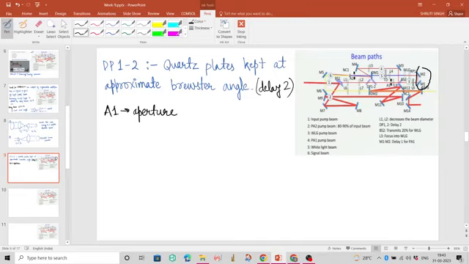Now after this aperture there is the L3 lens, which focuses the incoming beam after the aperture.